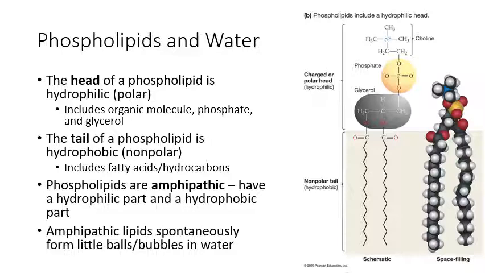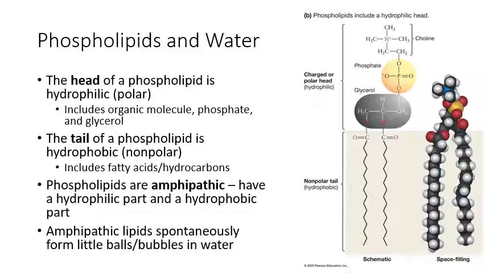So anytime you have a molecule like this, that has one part of it that is hydrophilic and another part of it that is hydrophobic, we have a special name for that type of molecule. It's called amphipathic. An amphipathic molecule always has one part that can dissolve in water or interact with water, and another part that cannot. It's always going to have one part that is either polar or charged and is hydrophilic, and another part that is nonpolar and hydrophobic.